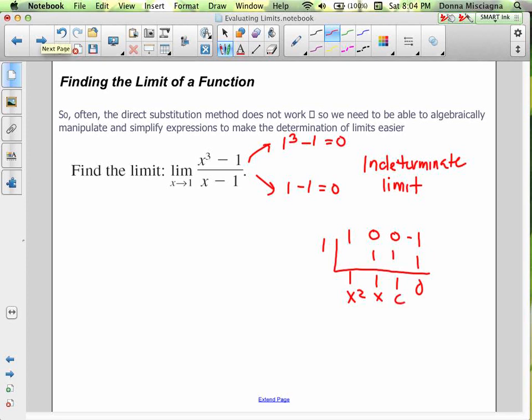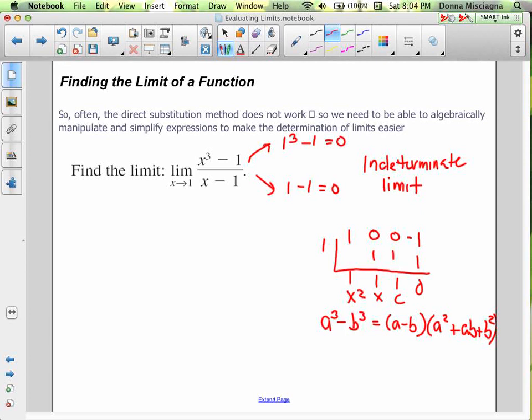Or you could remember the pattern. Either will work. So for a something cubed, just call it a cubed, minus another something cubed, let's just call it b cubed, when you factor that, that's going to be a minus b times a squared, and this time it's going to be a plus a times b, and then plus b squared.